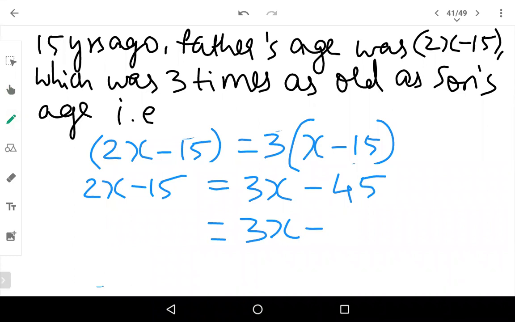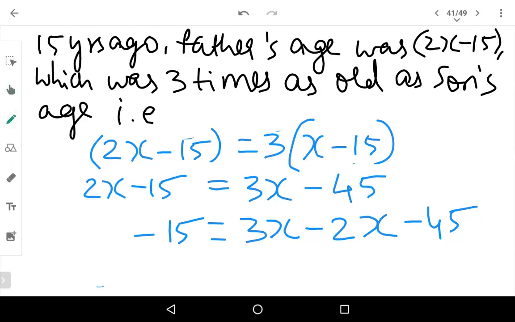If I take 2x to the other side, it's going to become minus 2x. Minus 45, I will keep it here. Minus 15 will be here only. Now in the next step, I'm going to get this minus 45 to this side. So what's going to happen?